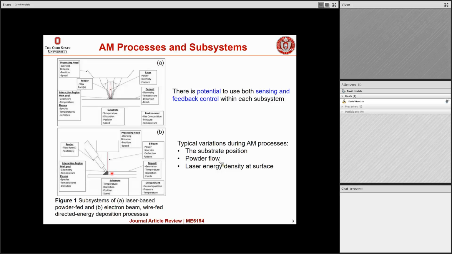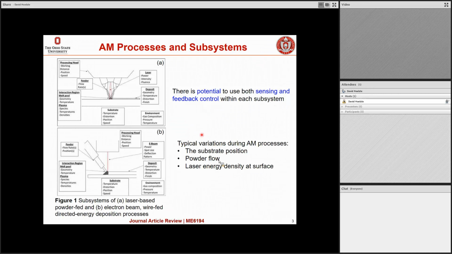And lastly, the environment controls, because both systems need the gas for protection. And here, we can potentially use both sensing and feedback control for each subsystem.